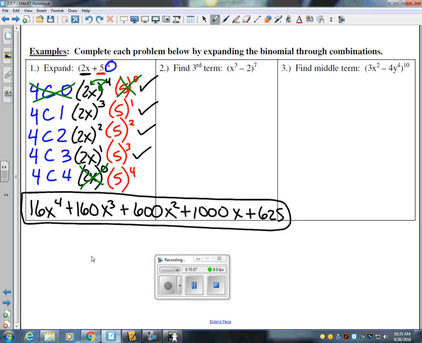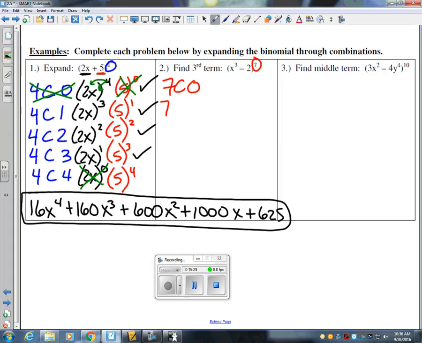What is number 2 asking for? Find the third term. So we're going to start it like we always start it. What do you start with? The exponent, which is what? A 7. So I write 7C what? 0. That's going to be the first term.